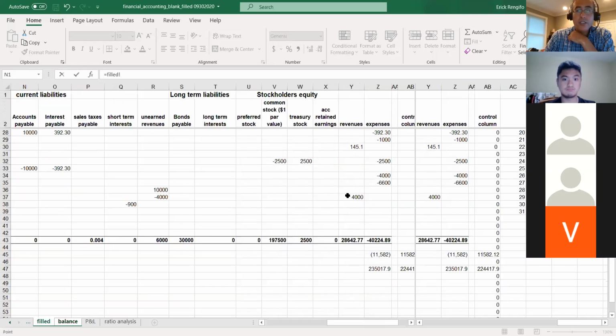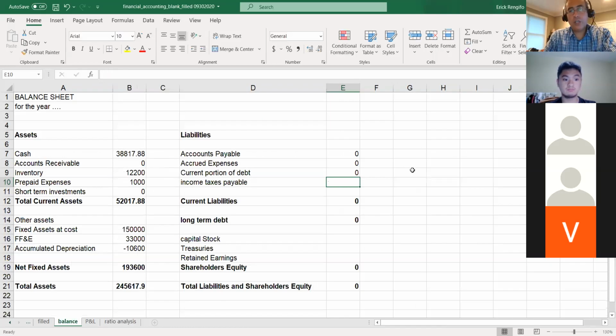Where is my income tax payable? No, I don't have income taxes either. So basically it's 0. I don't have anything here.